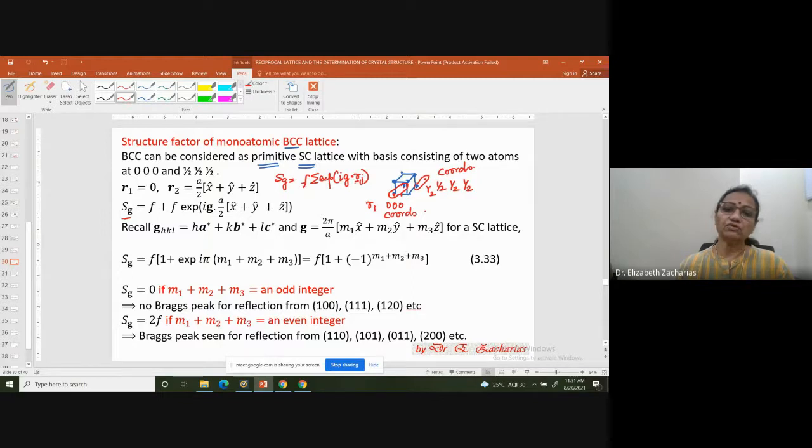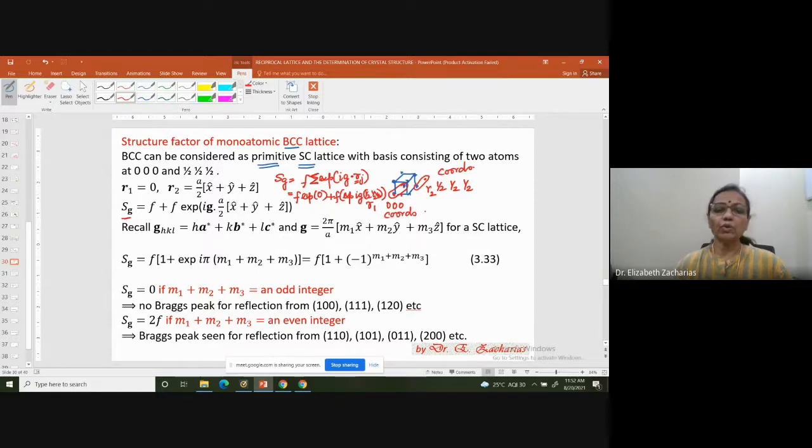So I have to substitute R. When you substitute R, you will find that there are 2 terms, J equal to 1, J equal to 2. So the first term will be F into exponential 0, because R1 equal to 0. Plus F into exponential IG into this half, half, half.